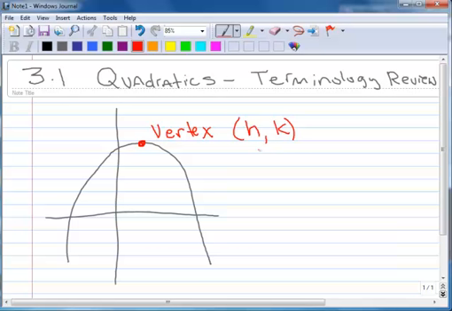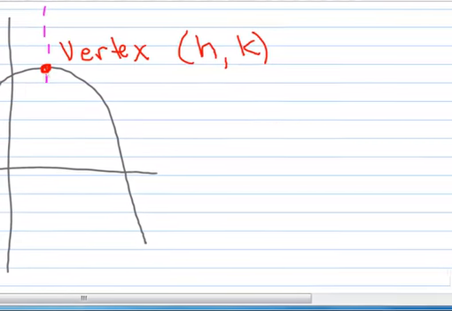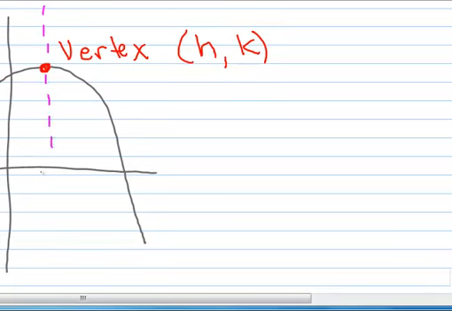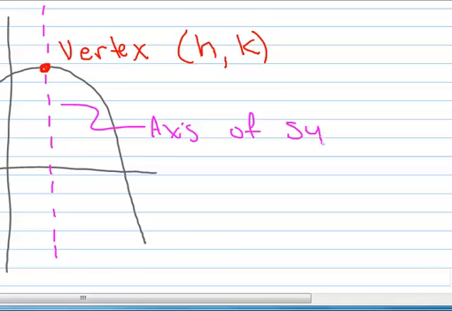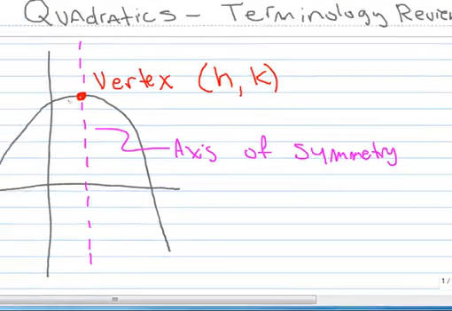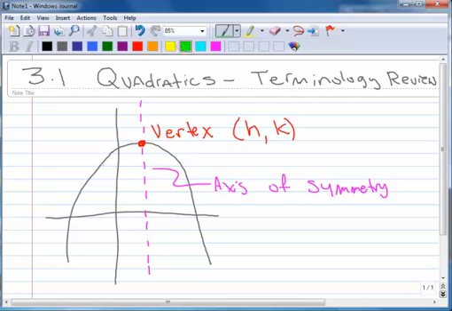Let's now identify the axis of symmetry. The axis of symmetry is always a vertical line. It always goes through the parabola, through the vertex. That's important because the axis of symmetry says if I have a coordinate point over here, then on this side I have another coordinate point.